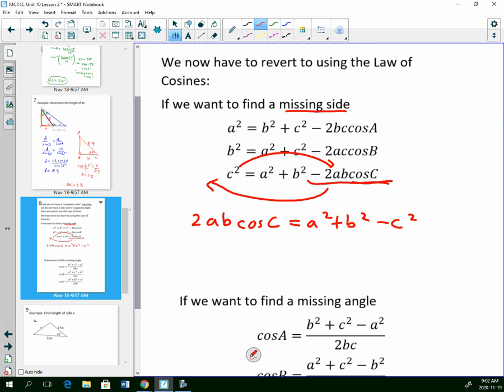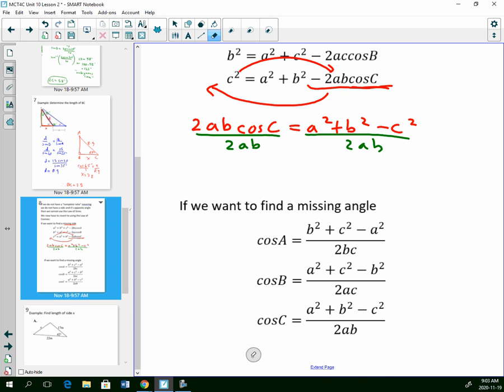So minus c squared. And then we want to isolate cosine c, so we would divide by 2ab. Okay? So that's where these formulas come from. These formulas are just the equation rearranged for the angle, okay? So again, you don't have to memorize it. You can just look at the formula and use it, as long as we are typing it into the calculator correctly.